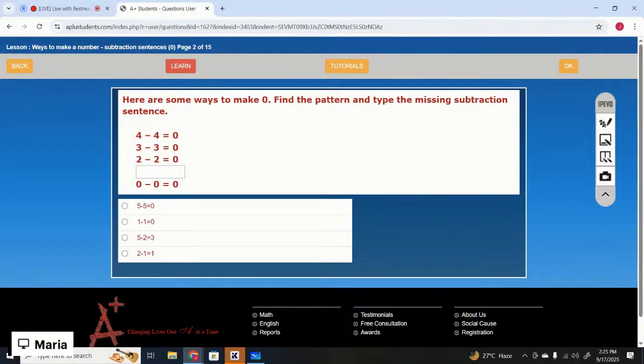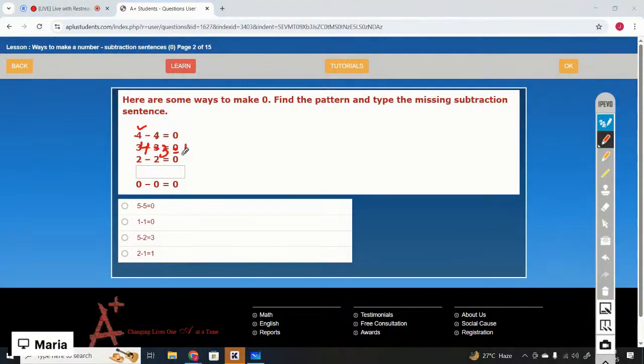Here are ways to make 0. Find the pattern and type the missing subtraction sentence. 0 take away 0 is 0. 2 take away 2 is 0. 3 take away 3 is 0.